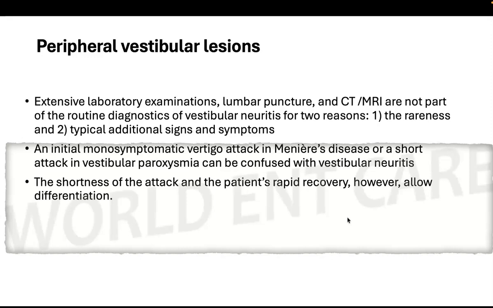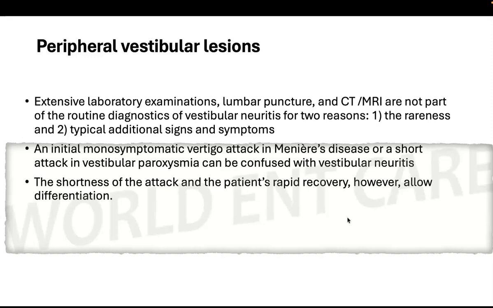Now, apart from that, extensive lab examination, lumbar puncture, CT, MRI are not a part of routine diagnosis for vestibular neuritis, for two reasons: because of the rareness of these disorders and because of typical additional signs and symptoms indicative of other disorders.